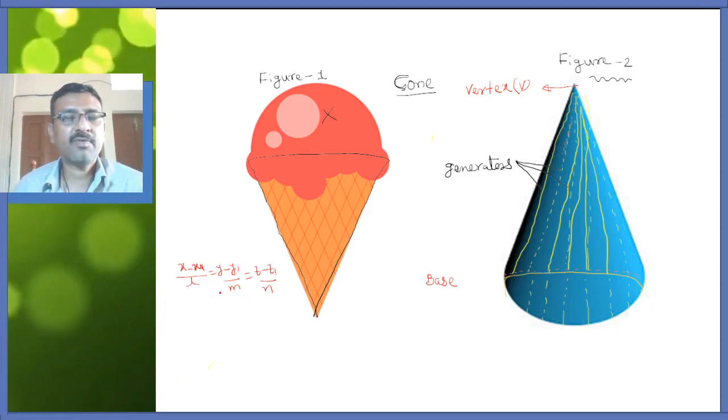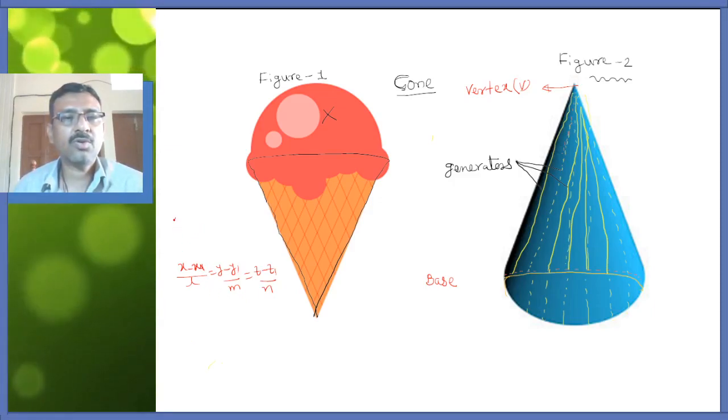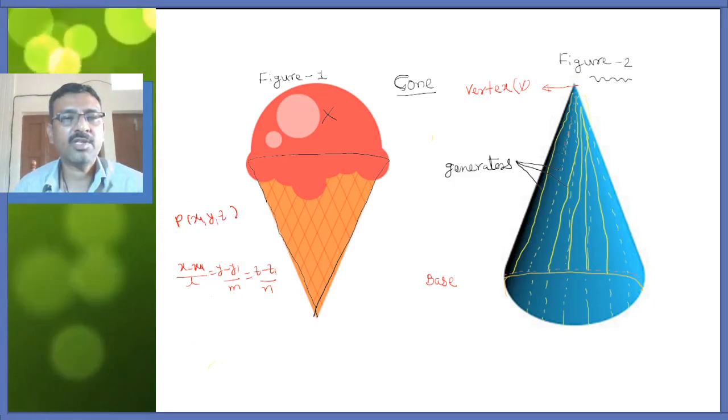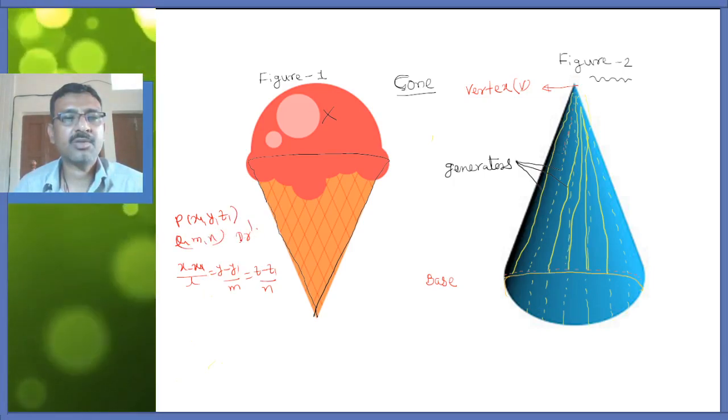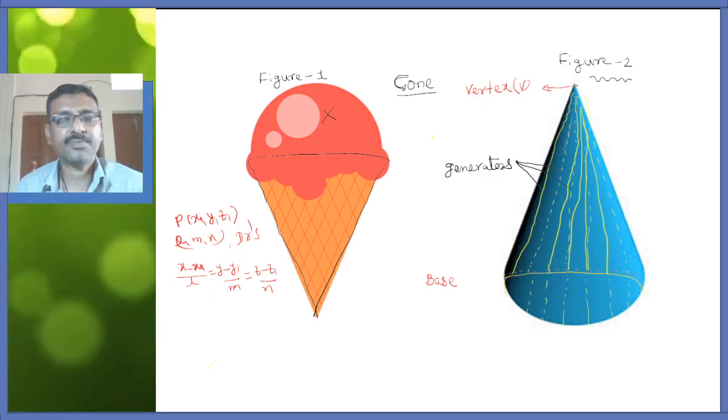This is the equation of a line passing through x1, y1, z1, and l, m, n are the DRs, direction ratios.